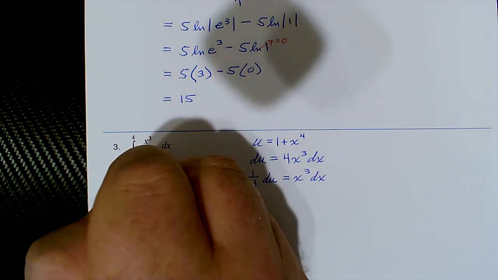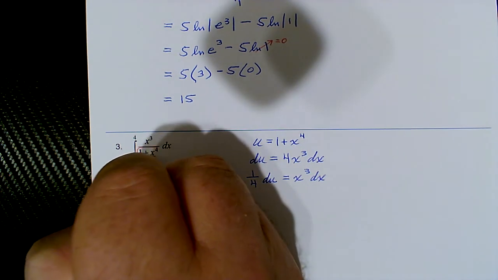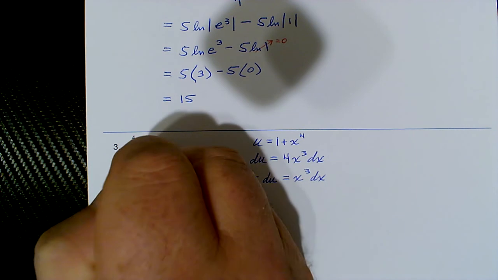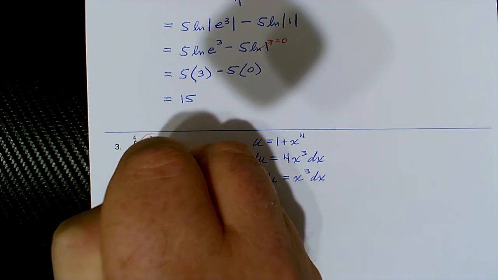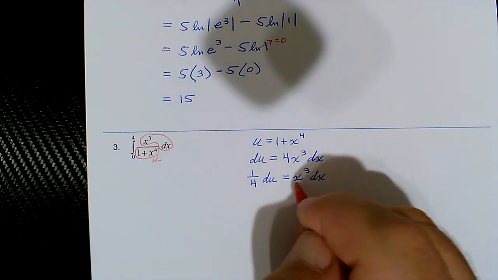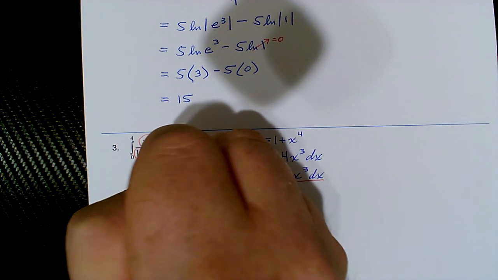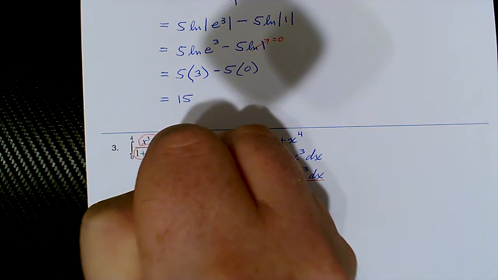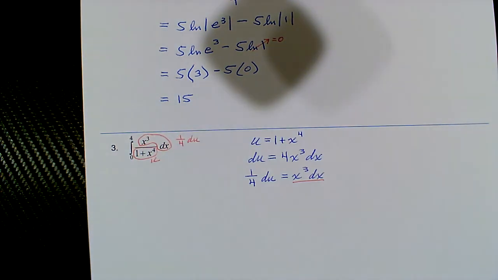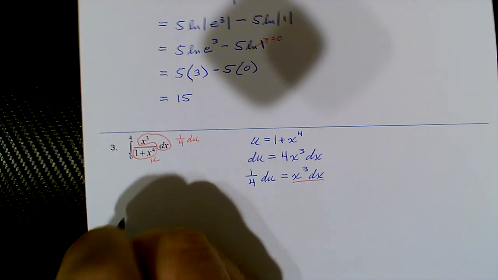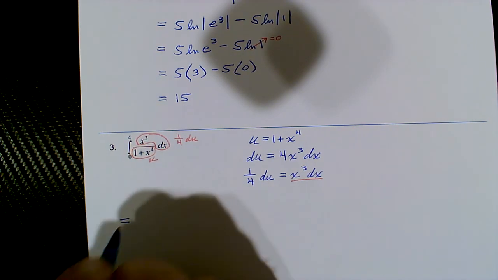That is, we were trying to fit du over u, u is the denominator, the x cubed dx that remains, compare it to our du, and that makes up 1/4 du. So all factors are accounted for, we can make the change of variables.